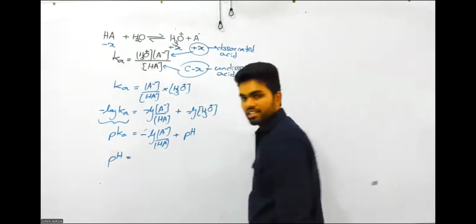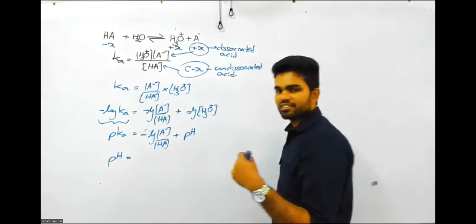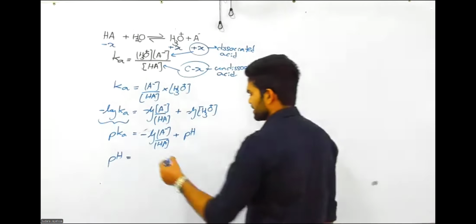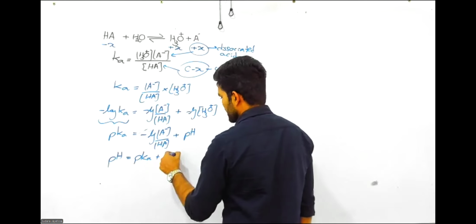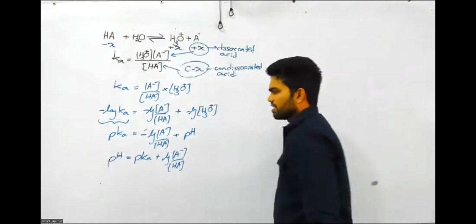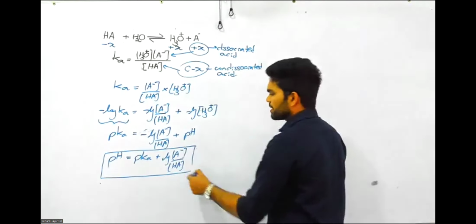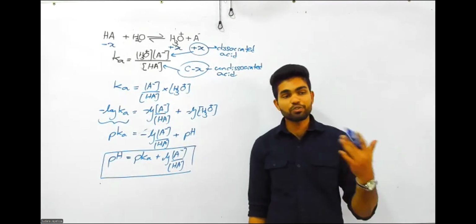The Henderson's equation. If you quickly think this is the Henderson's equation, it is really easy to do the question. So pH equals pKa plus log A minus over HA. Right? Henderson's equation. Now I told you earlier, Henderson equation is not used only for buffers.